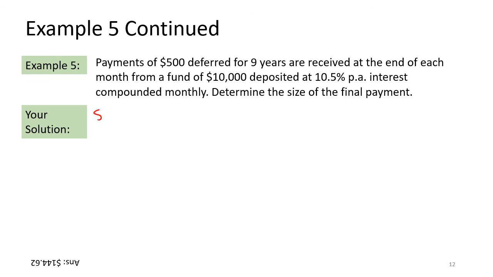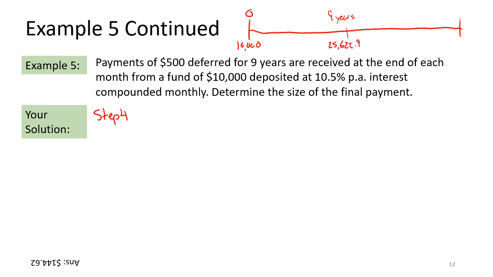So if we move to our fourth step, I'm going to just draw our timeline again to see what we've solved. We started at time 0, and we went 9 years into the future. We started with $10,000, and we translated that forward to $25,622.60. So that was when payments started, 9 years from now.